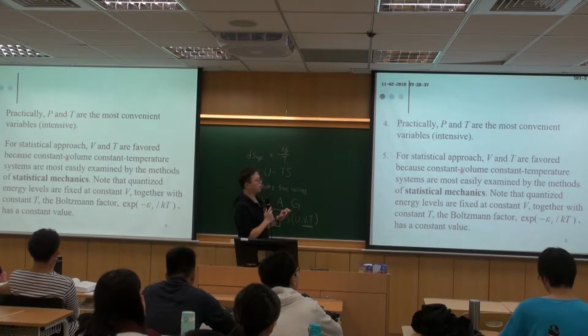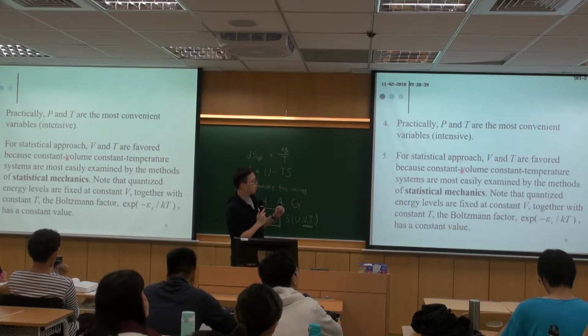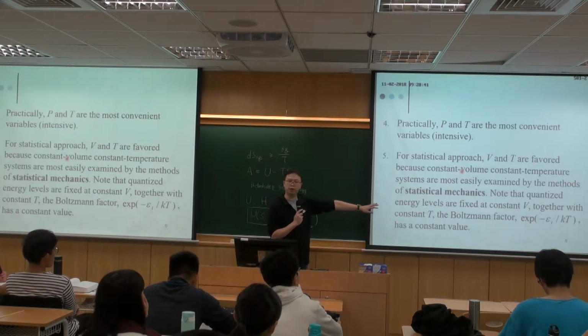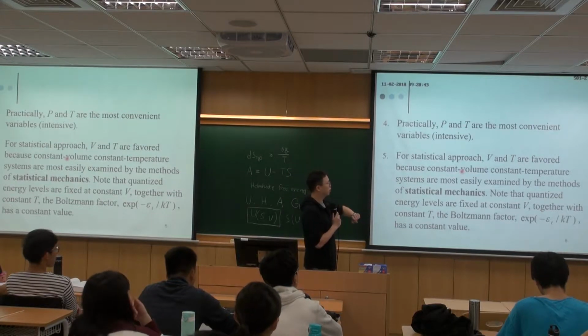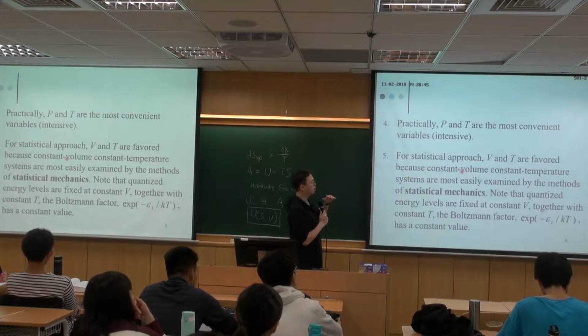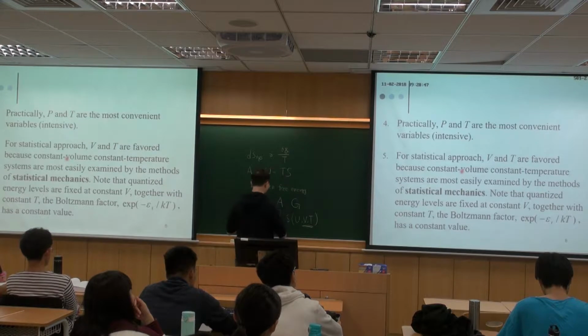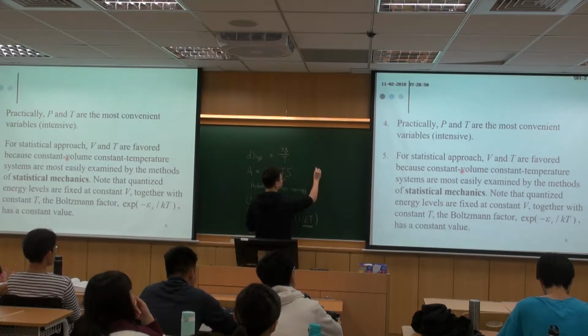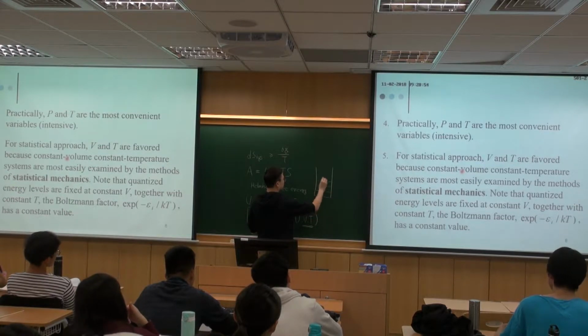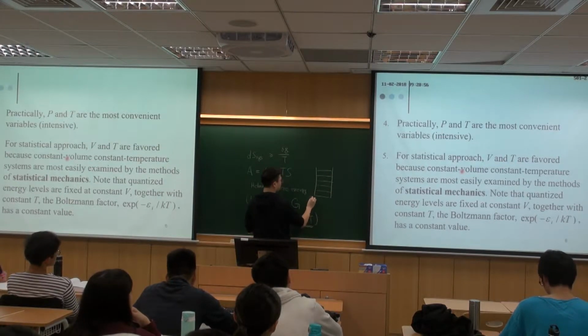If you still remember in chapter 4, we mentioned that constant volume is important for us to discuss fixed quantized levels, because for a quantized system, you have different energy levels, let's say from the ground state, and the difference, let's say delta epsilon, will depend on volume.